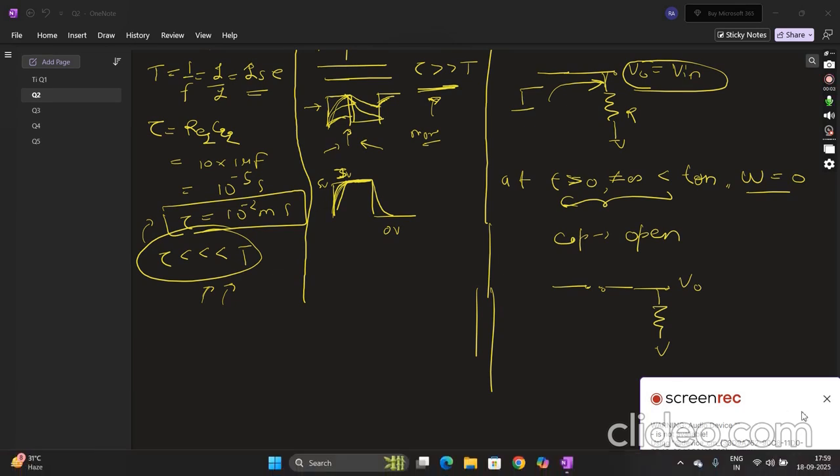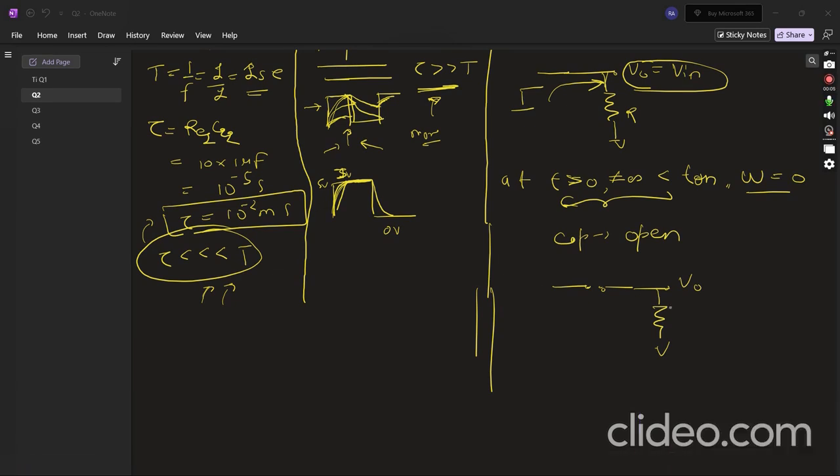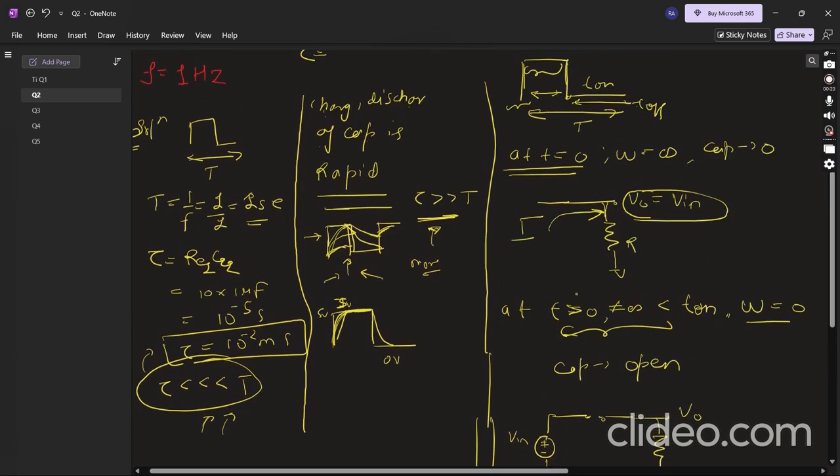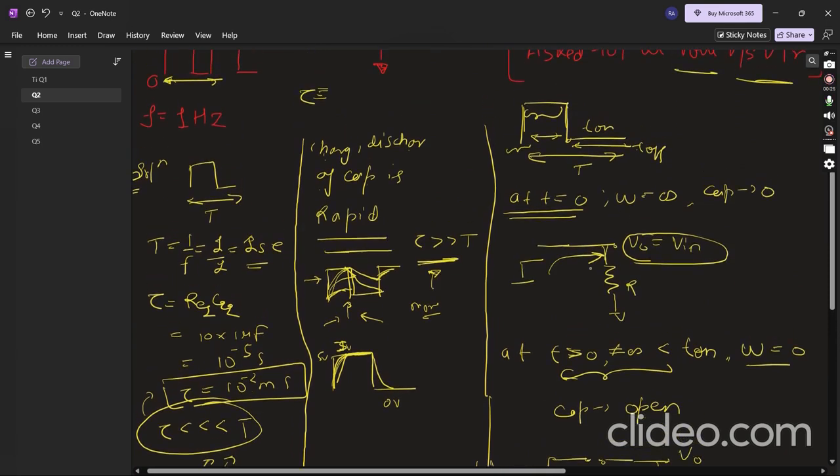The capacitor becomes open for this time period, and this is the input. So all the input drops across the capacitor. What is happening at t equals 0 second, at omega infinite, the capacitor is short, so all the input appears across this resistor, and there is a step current for a moment.